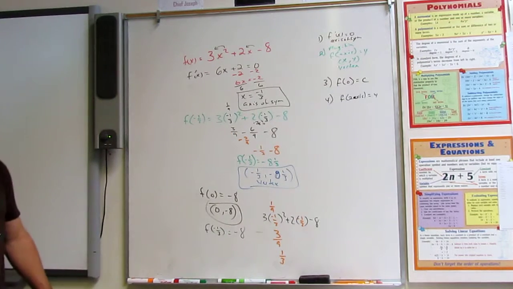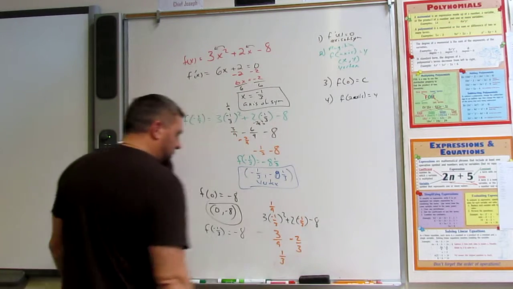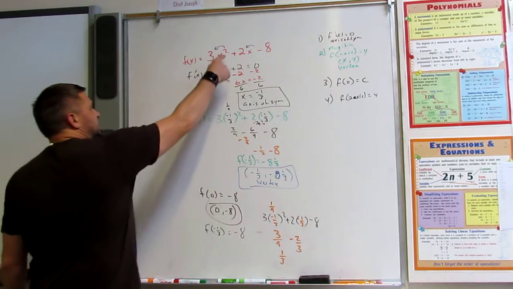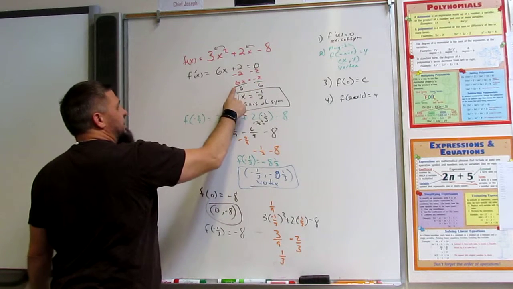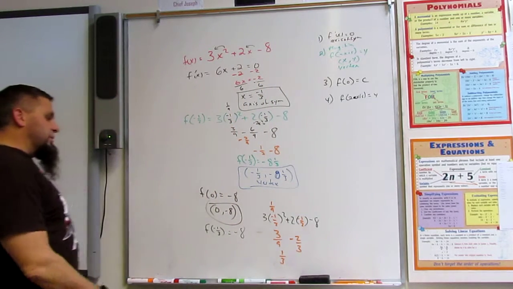Okay? What's 2 times negative 1/3? Negative 2/3. Uh-oh. Something went wrong. Negative 1/3 isn't working. Did we do some kind of math wrong? We said divide by 6. 2/6 is 1/3. Should be negative 1/3.